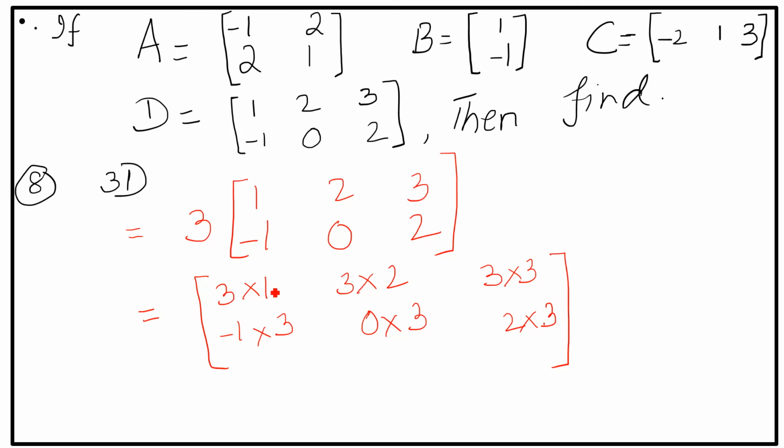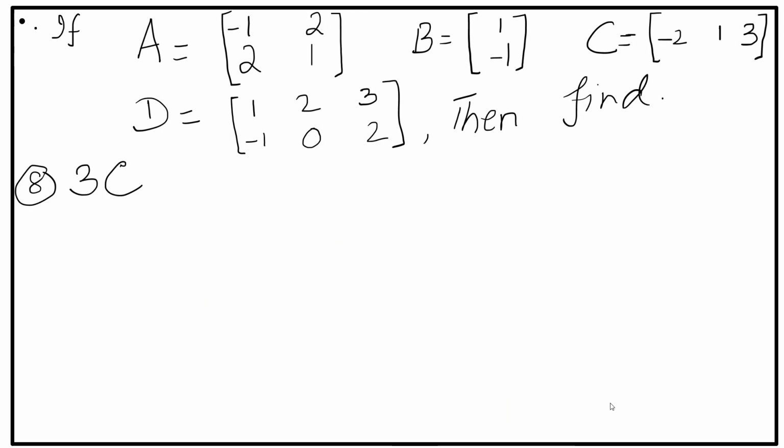Here I have mentioned 3 first. 3 multiply by 1, 3 multiply by 2, 3. Because you are doing multiplication, you can write down either direction. That is why I have mentioned 3 here. 1 multiply by 3, 0 multiply by 3. But if you write down first, that is fine. You will get the same answer. So 3, 6, 9, -3, 0 and 6, and this is your answer.